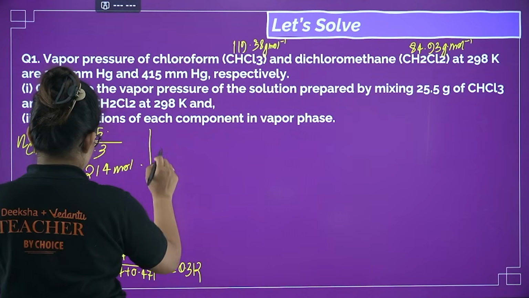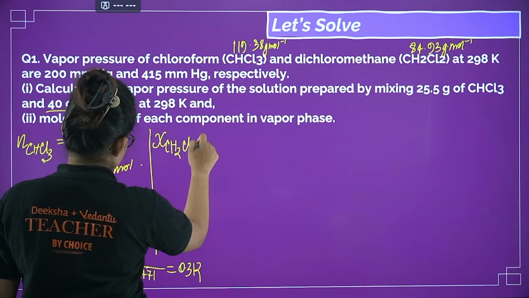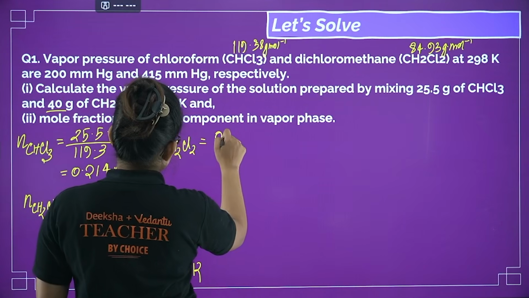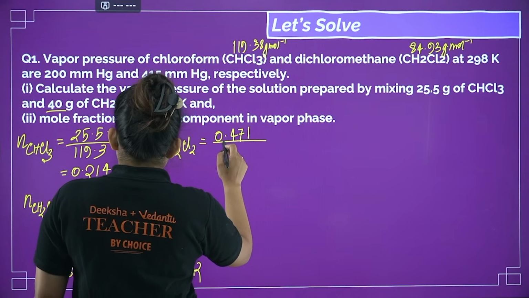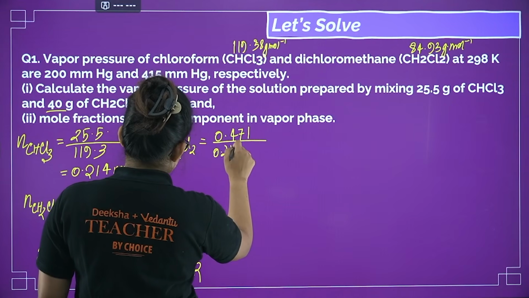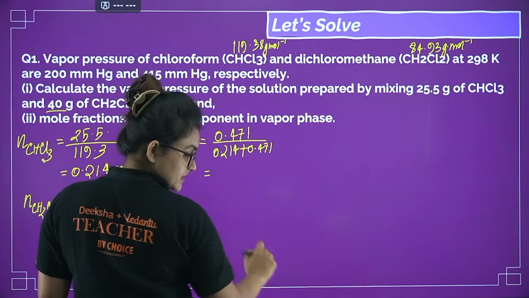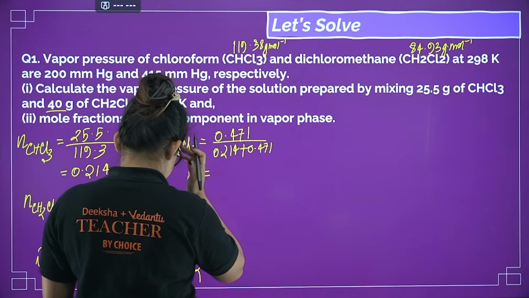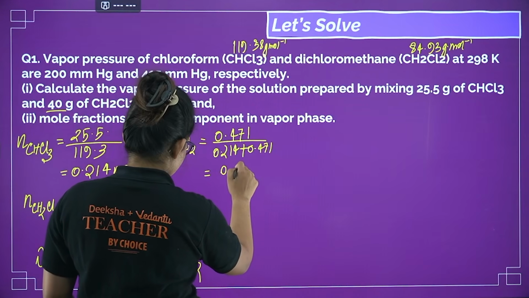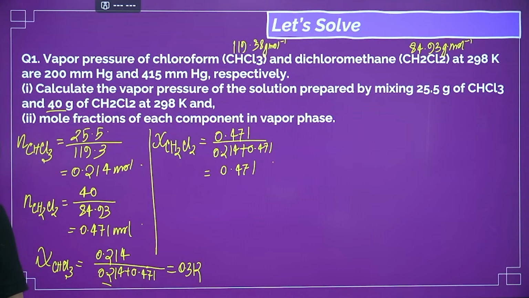Similarly we will do for mole fraction of CH2Cl2. That's going to be 0.471 divided by 0.214 plus 0.471, right? If you calculate, this will give you something like 0.471. Okay, so I have calculated the mole fraction.